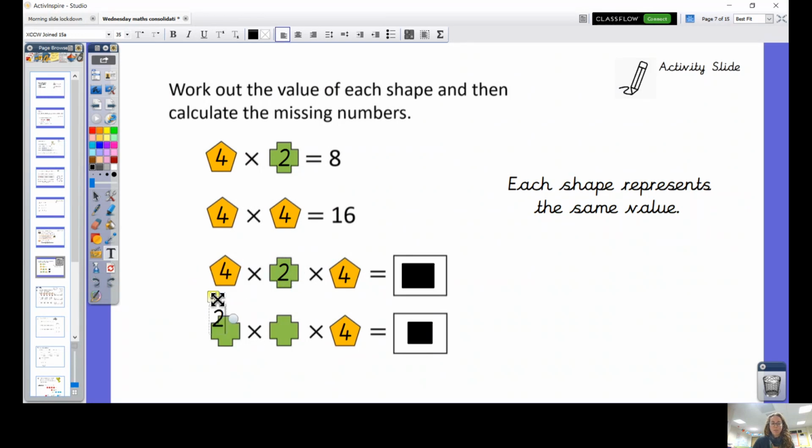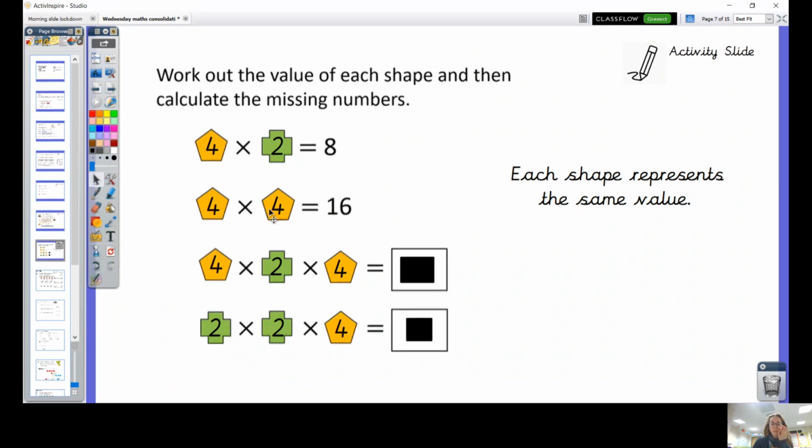So now I've just got to think about what the answers are here, because I know the questions now. So 4 times 2 is 8. 8 times 4, so when you've got a question a bit like that, always just do the first part. 4 times 2, 8. 8 times 4 is 32.